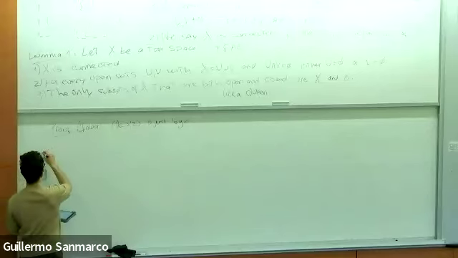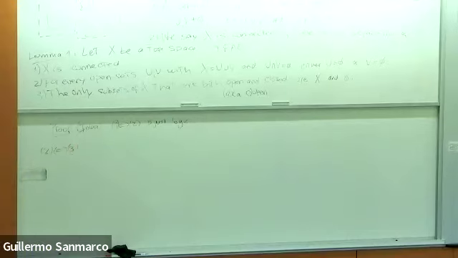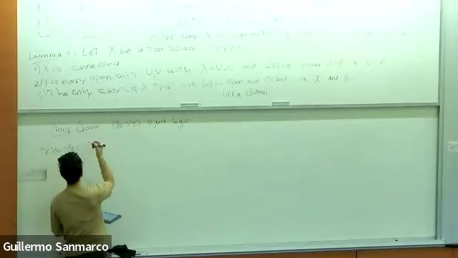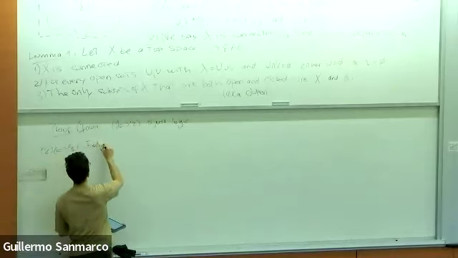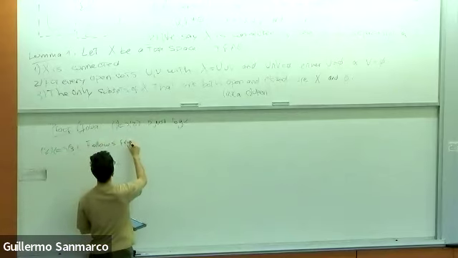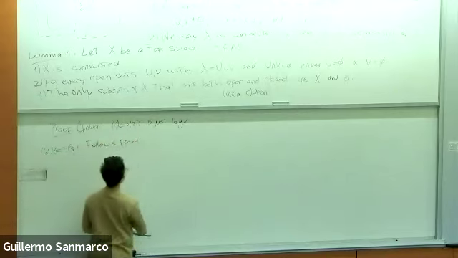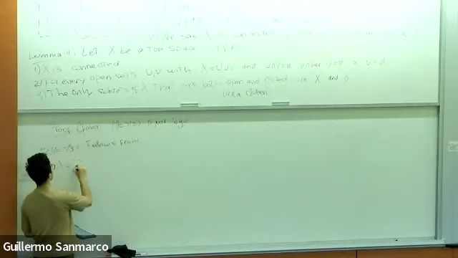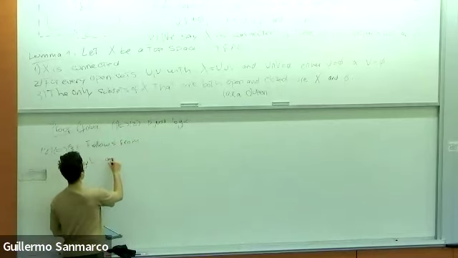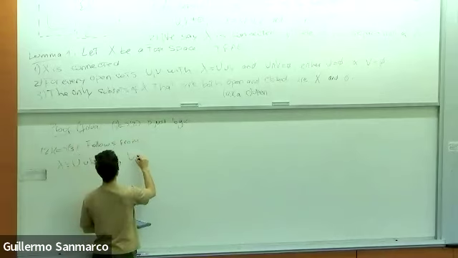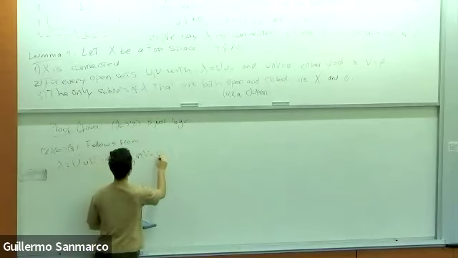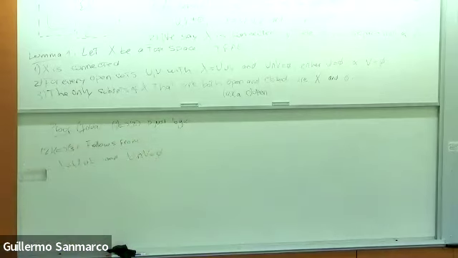And then maybe 2 if and only if 3. The idea here is this follows from this very easy observation. X equals U union V, and U intersect V equals empty, with both open.